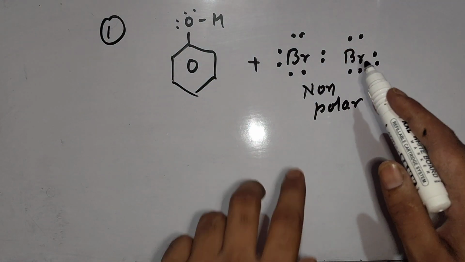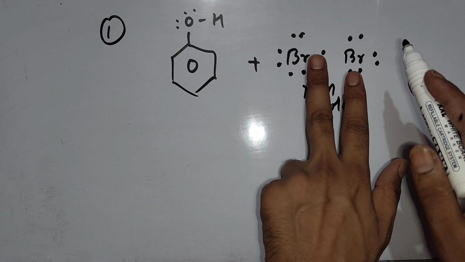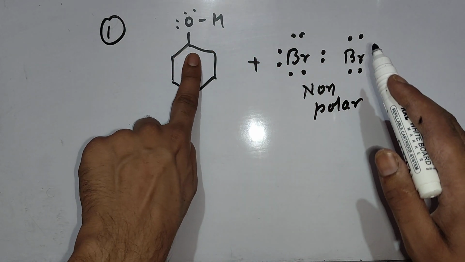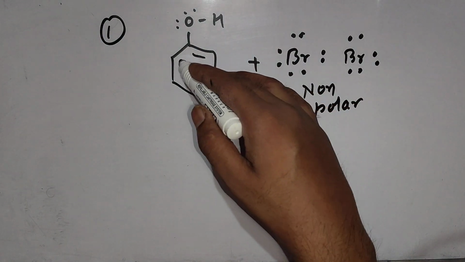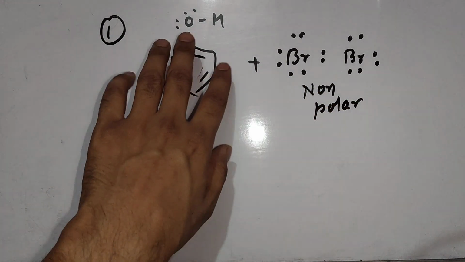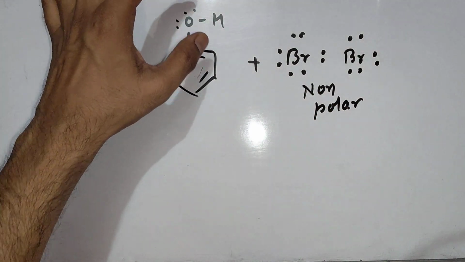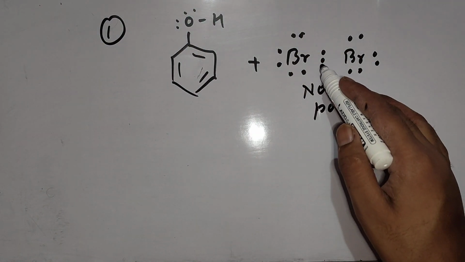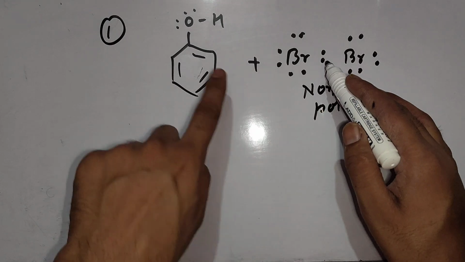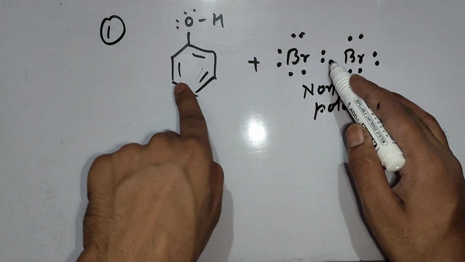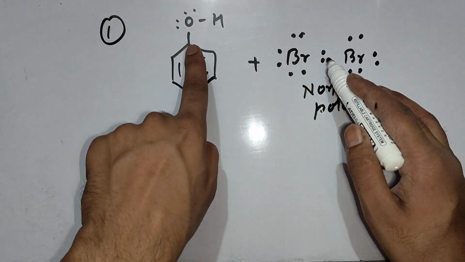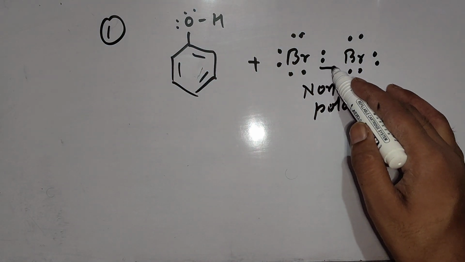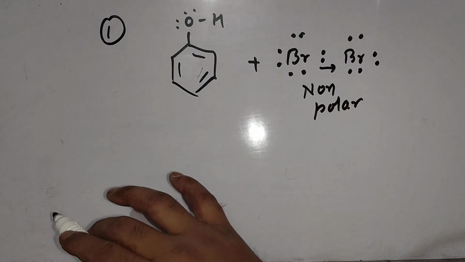Now, what will happen? First step, when this non-polar molecule goes slightly close to it, and obviously electrons are available, pi electrons are available, oxygen has a lone pair. So due to this, what will happen? These electrons will feel repulsion. The electrons which are already present on the benzene ring and on oxygen will repel these electrons, and they will slightly move toward one of the bromine sides.